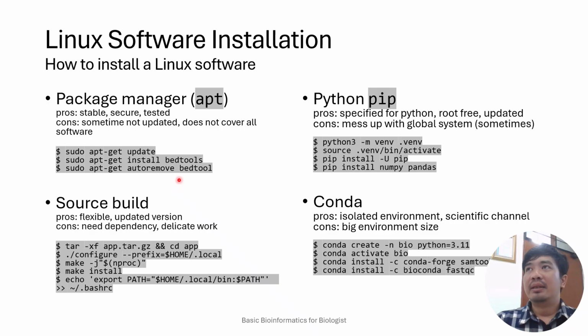The second is source build. This type of software installation is complicated, but it is likely more updated, because sometimes the one who built the software is late to send it to the package manager, but the source is usually very updated.